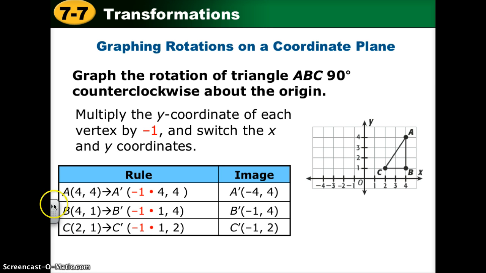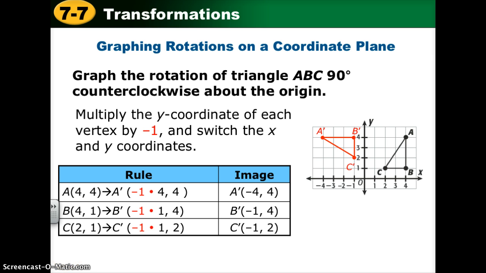If it's easier for you to picture it before flipped, we would multiply all of these right here by -1, which is what's happening here, and then we would flip them around. So that's how we get -4, 4, -1, 4, and -1, 2. It's a little hard to keep track of, so you may want to write it out in a way that makes sense to you.